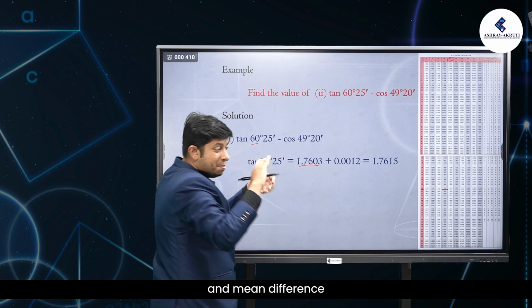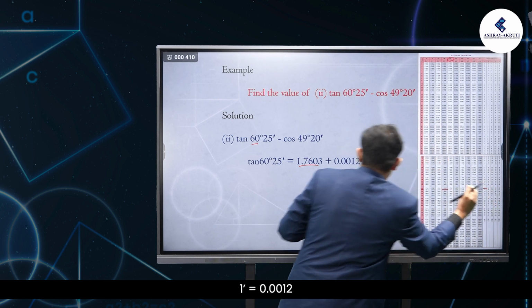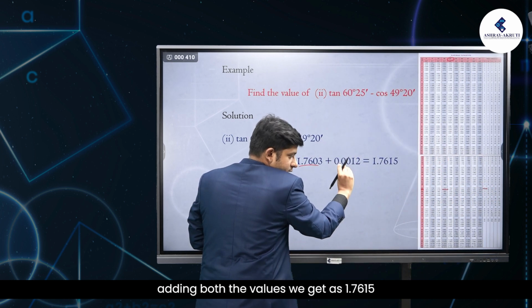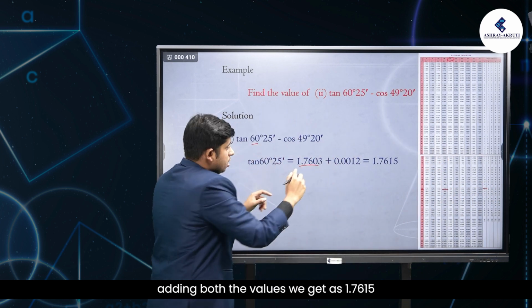And mean difference for 1 minute is equal to 0.0012. Adding both the values, we get 1.7615.